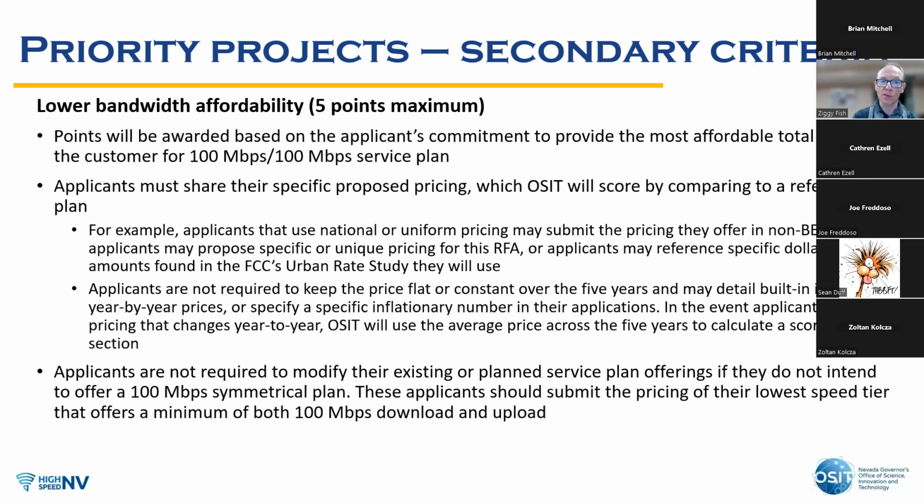And there, you're not required to keep the price for the entire period of performance of 5 years. You can have escalators, etc., that you can itemize as you fill out the form for the pricing here.